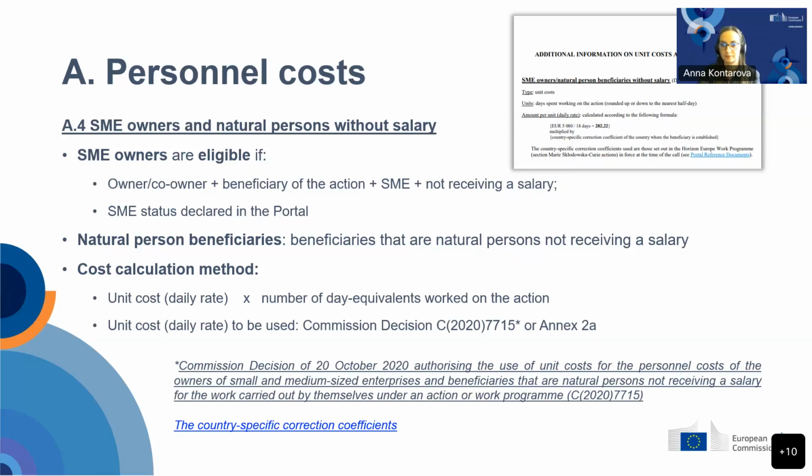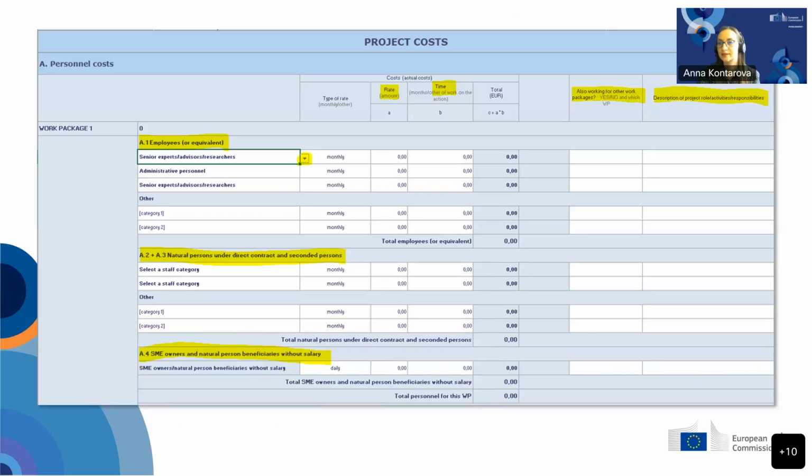Next slide, please. And this is how it will look in the detailed budget table. So basically, for each of these three categories, A1, A2, A3, the rate is monthly. You will have to, from the drop-down menu, indicate the position of the person, and then the monthly rate and time.